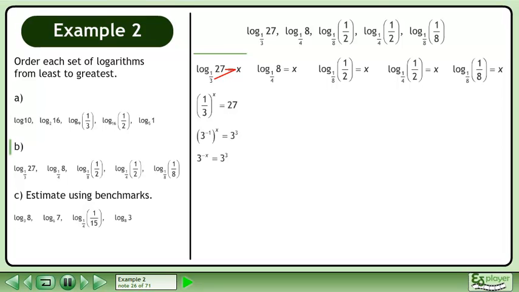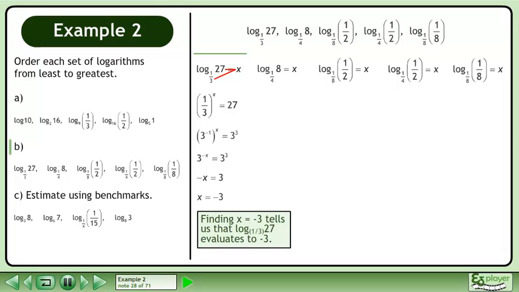Multiply the exponents. Set the exponents equal to each other. This gives us x equals -3. Finding x equals -3 tells us that the base 1/3 logarithm of 27 evaluates to -3.